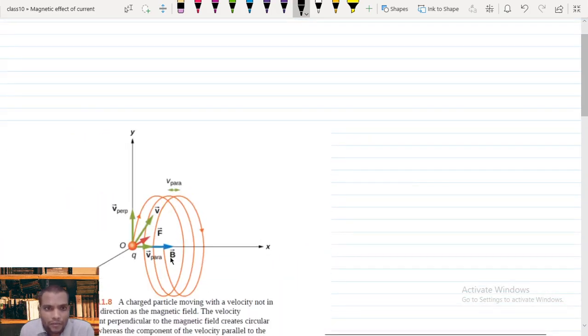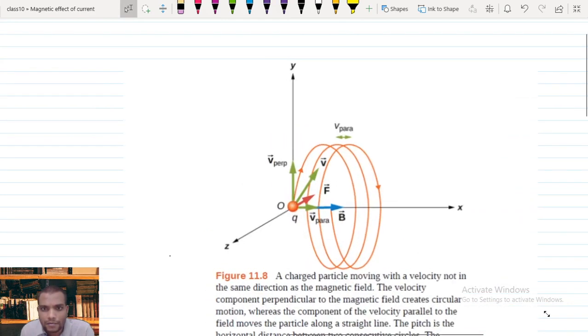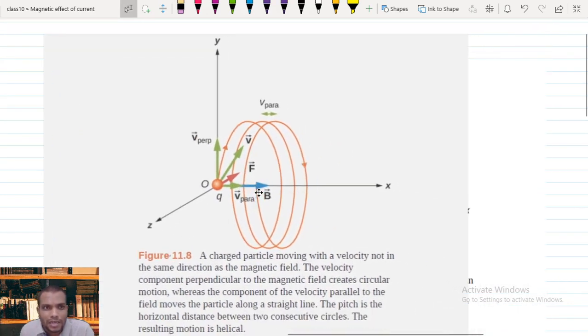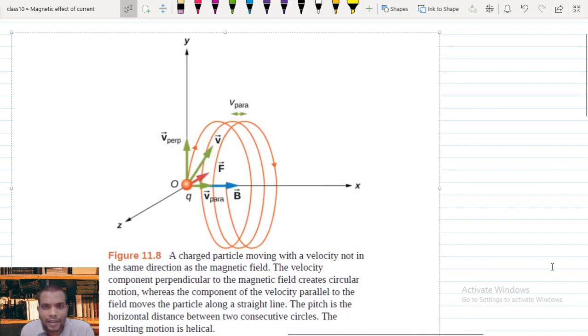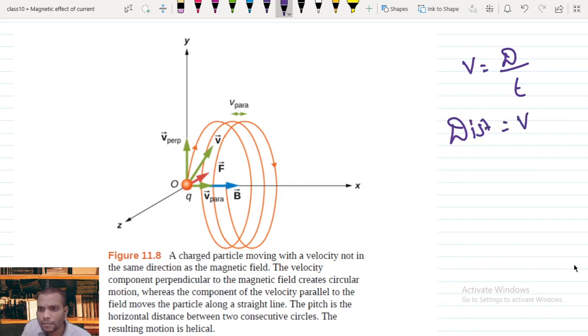Now here we need to define one more very important thing, that is known as pitch. In the regular way, we know that velocity equals distance upon time. So what can I write? Distance equals velocity into time. Suppose in this special case I have two velocity components, the parallel component and the perpendicular component.